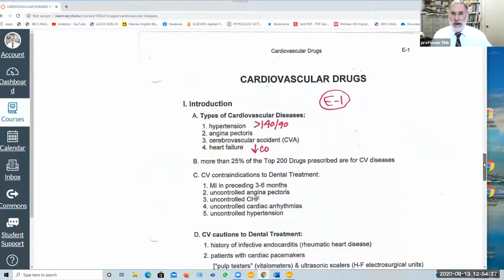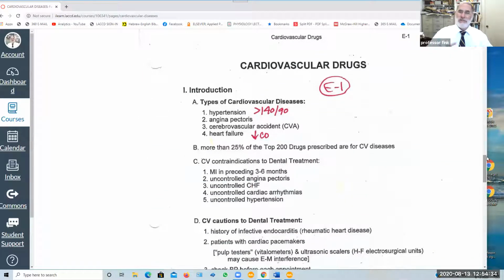As I scroll down, the very first page of the lecture outline looks like this.